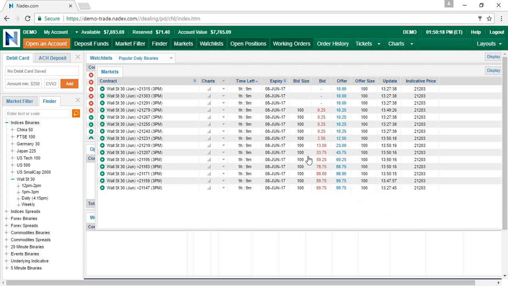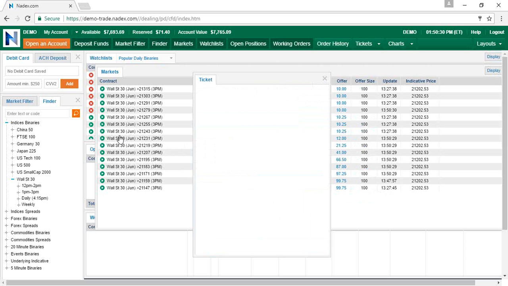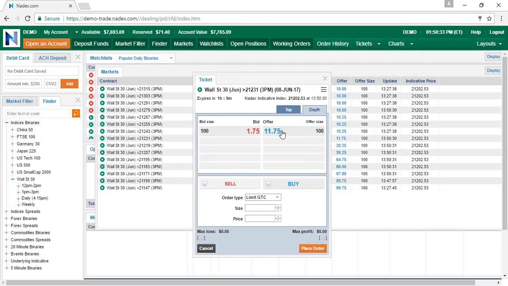What do we know about these binaries down here that are very low priced? Well, we know that we're not having to put up a whole lot of money for them, right? I'm only having to put up $11 on this particular binary trade. So I like that low cost.